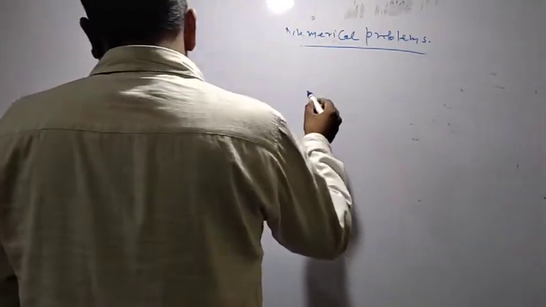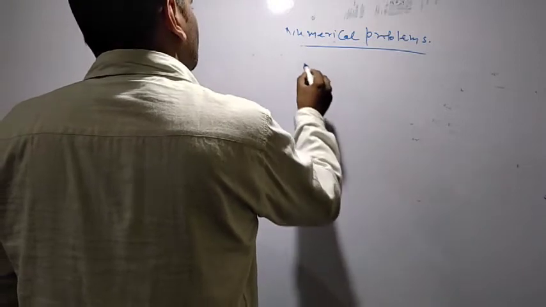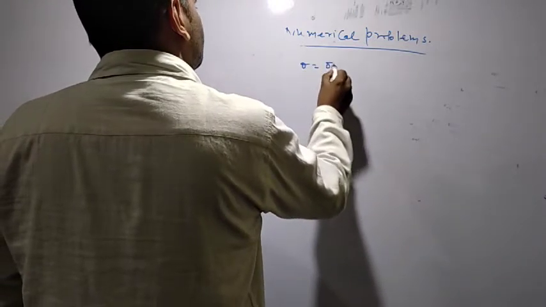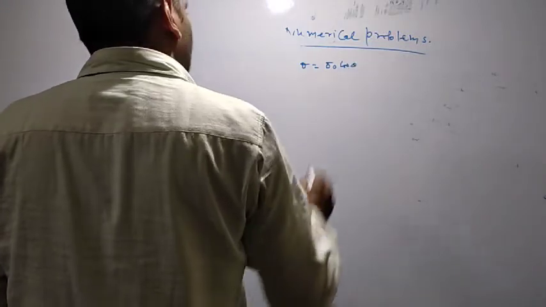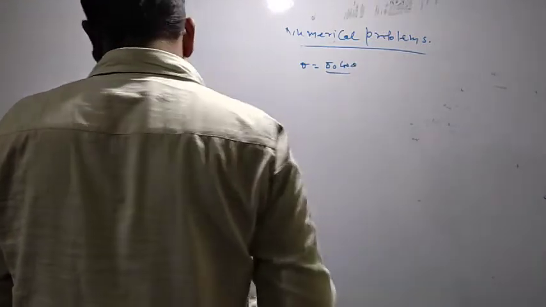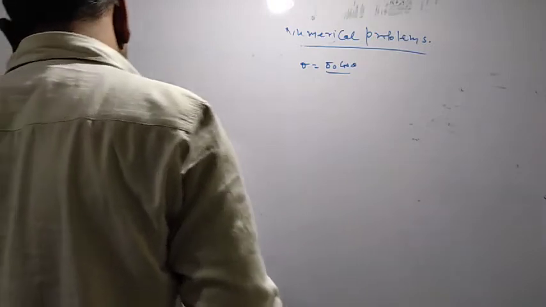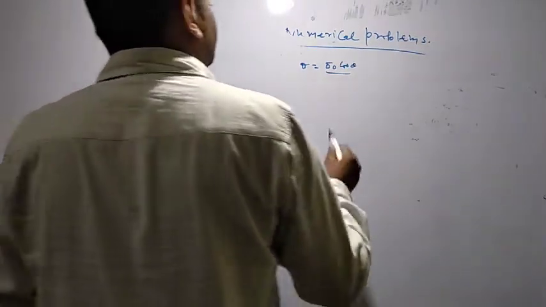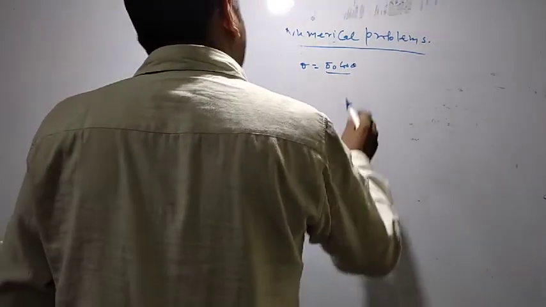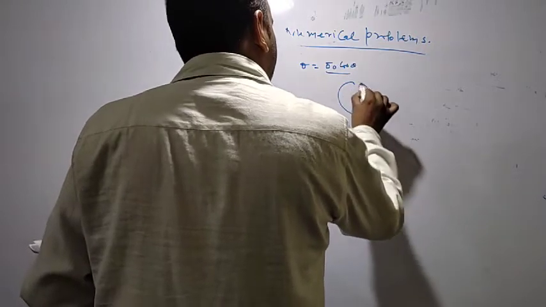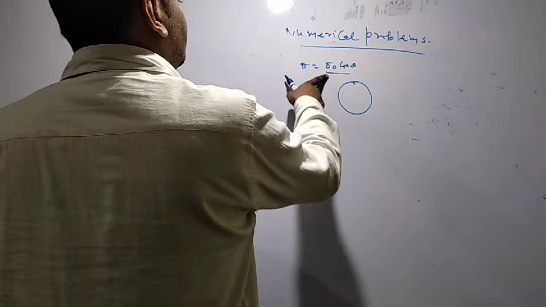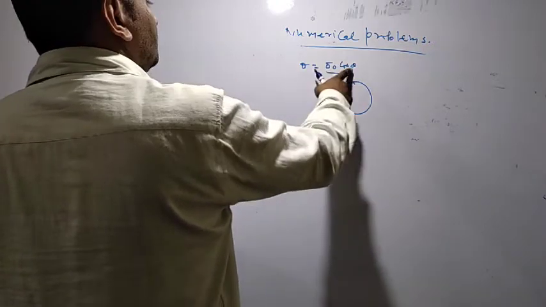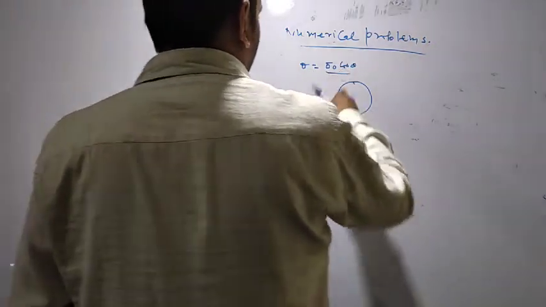So we have the charge distribution function sigma naught cos theta. This is in spherical coordinates. Charge is distributed over the surface of a sphere with this expression, and cos theta plays a role.